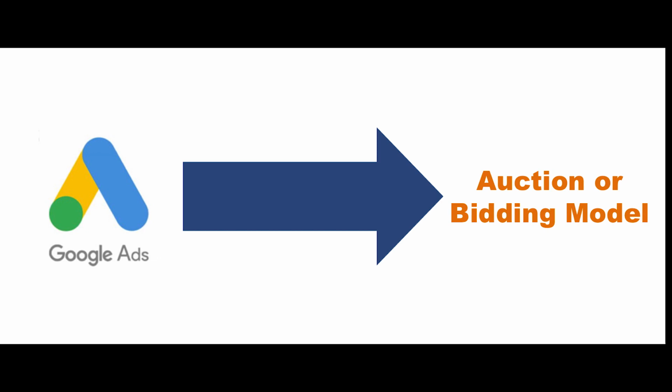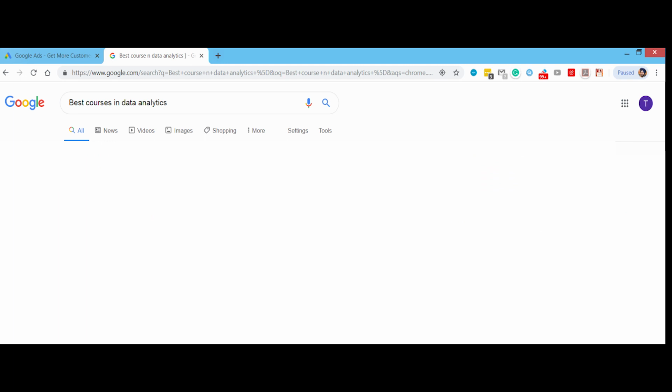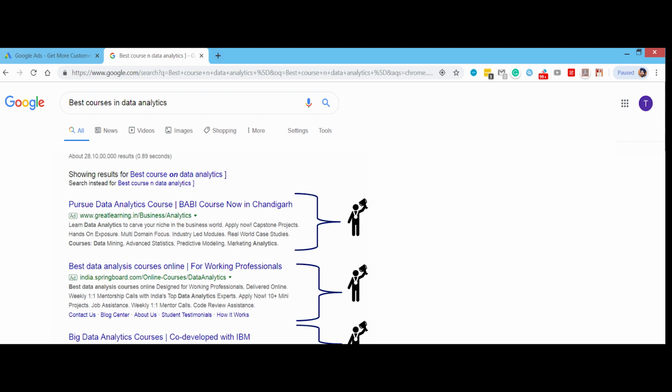Actually, Google Ads works on the basis of an auction or bidding model. Every time you search on Google using various keywords, in the background Google initiates the auction process. Within a few seconds, out of the various advertisements submitted to Google Ads by the advertisers, Google comes out with the winner or winners and their ads are shown on the result page.